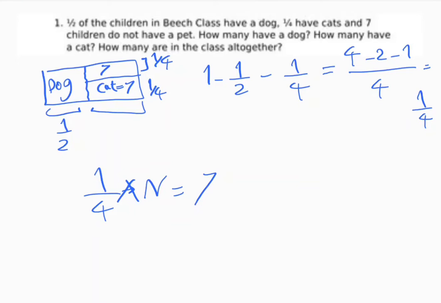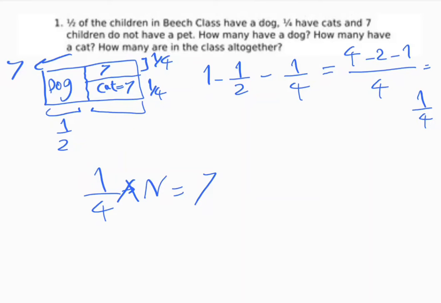So we've answered the question of how many have a cat: 7 of them. We need to answer 2 more questions. The first is how many have a dog, so this time we need to work out this bit.